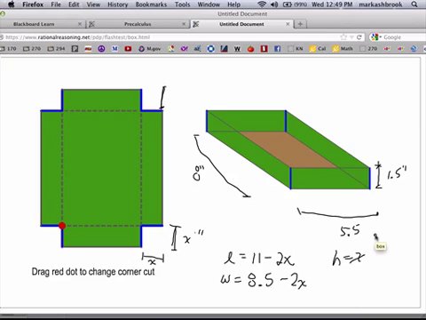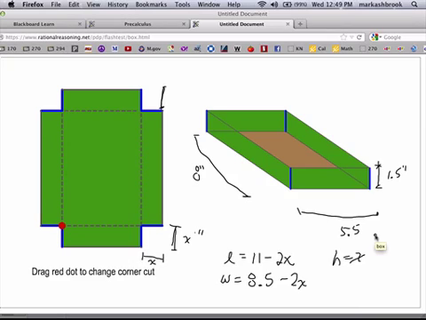I get this flat sheet of paper. It's okay to make x equal to 0. Can I make x negative 1? That's impossible. But 0 is possible.